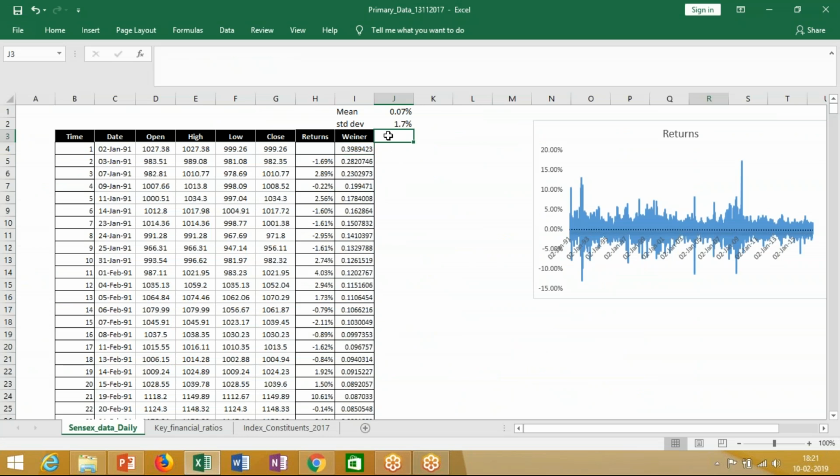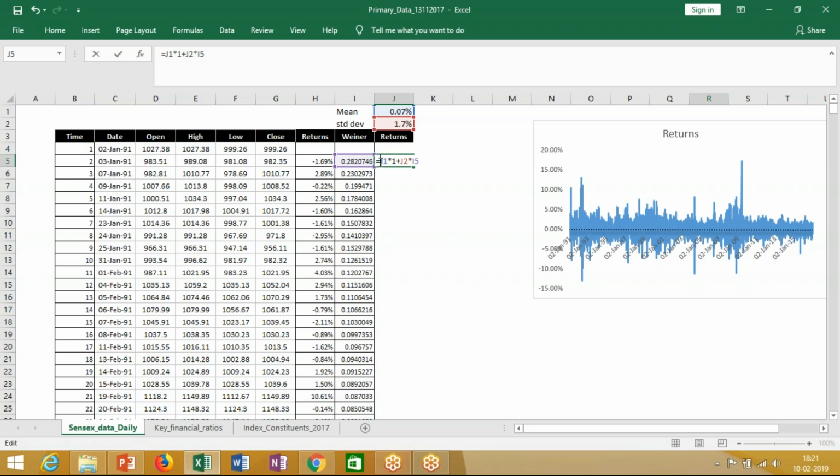So now I'll put in the returns part. This Wiener variable may need some refinement, but over here you will get an idea of how this can actually happen. So it's mean times dt, which is 1, plus sigma times the Wiener variable.